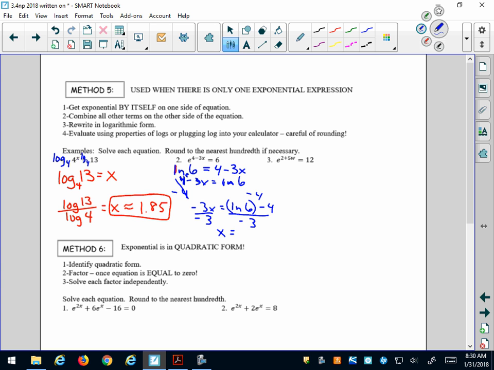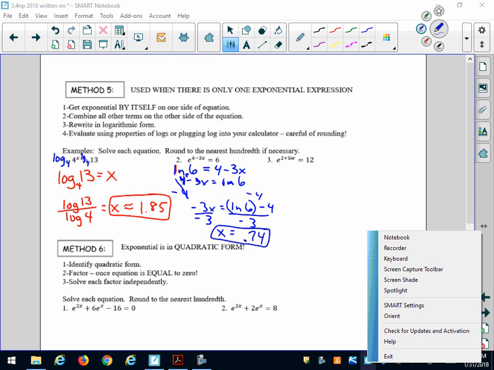And x equals natural log of 6, and push enter, minus 4, and then push enter, and then divide by negative 3. Be careful that you're not doing ln of 6 minus 4. That's different. This is ln of 6, then minus 4, right? And your answer here comes out to approximately, anybody get it? 0.74. Right, you guys try that last one.